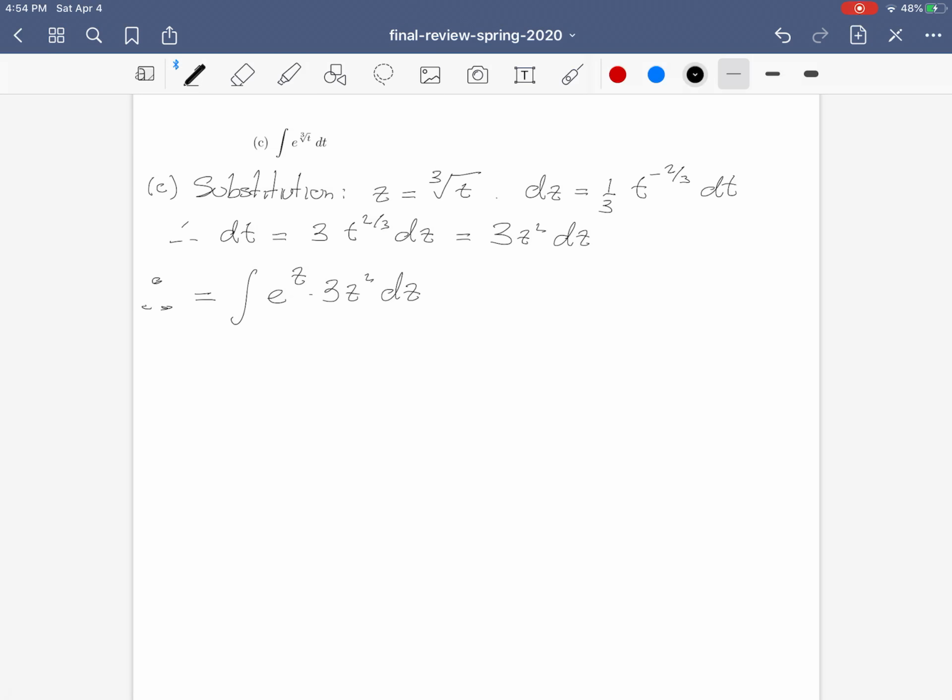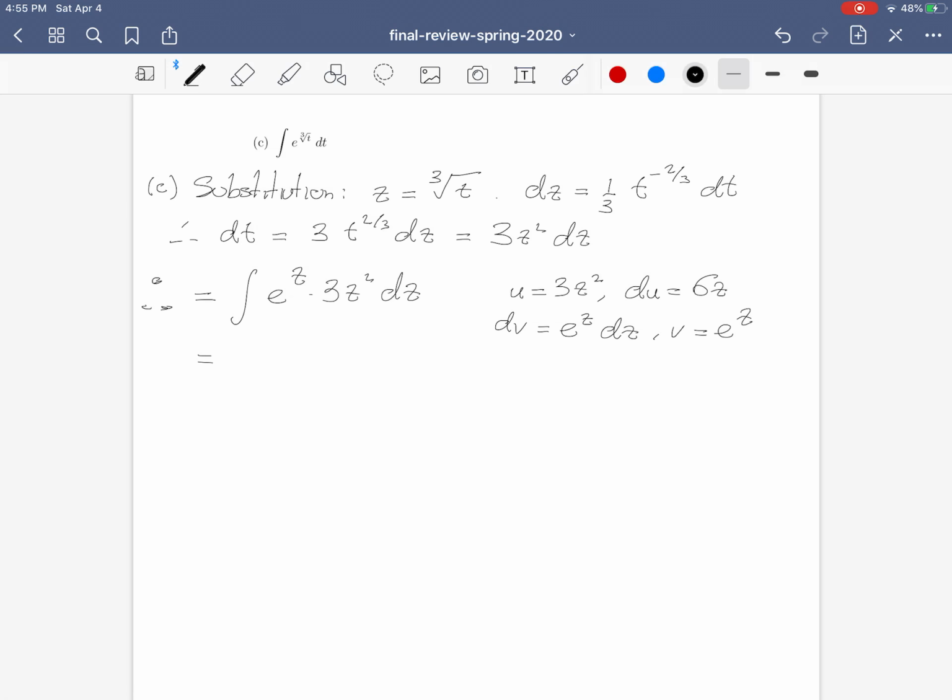Okay. So to integrate this by parts, I'm going to set my u to be 3z squared. So therefore du is equal to 6z. And I set my dv to be equal to e to the z dz. So therefore v is equal to e to the z. Why do we do it in this way?